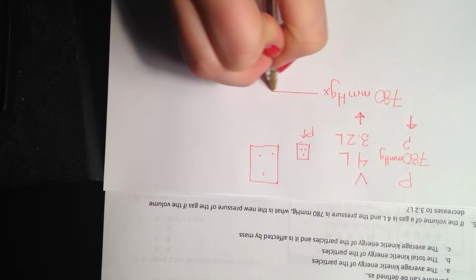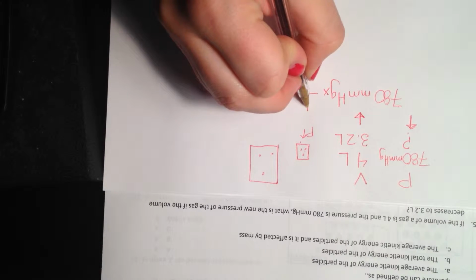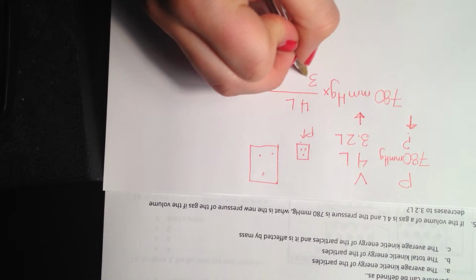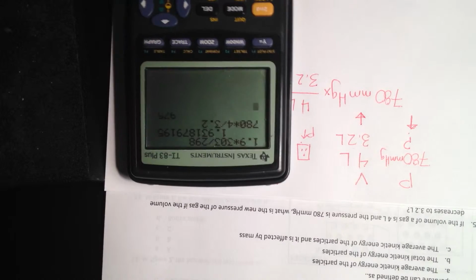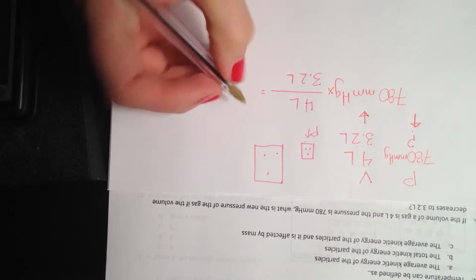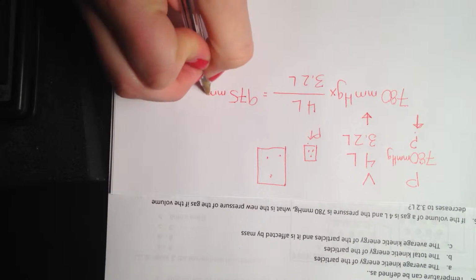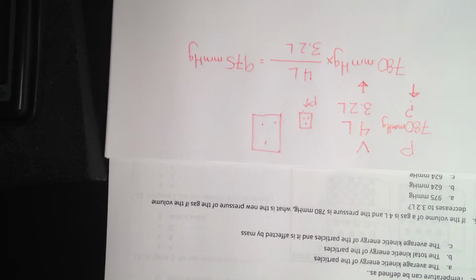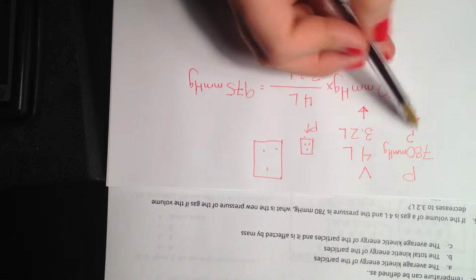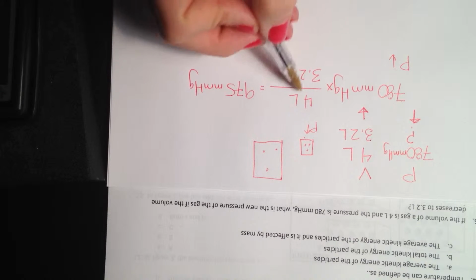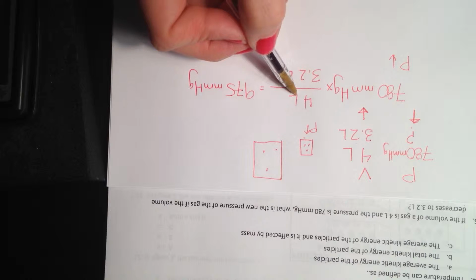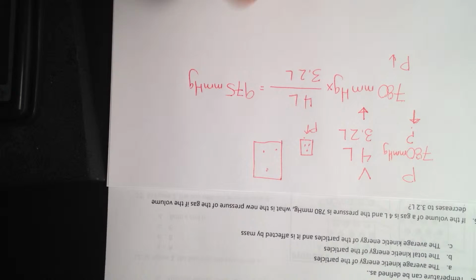If we're trying to make our pressure increase, we need to put our larger volume on top and our smaller volume on bottom. That comes out to 975 millimeters of mercury. Now, if there was a problem where our pressure was supposed to decrease instead, then you would multiply by the smaller number and divide by the bigger number.